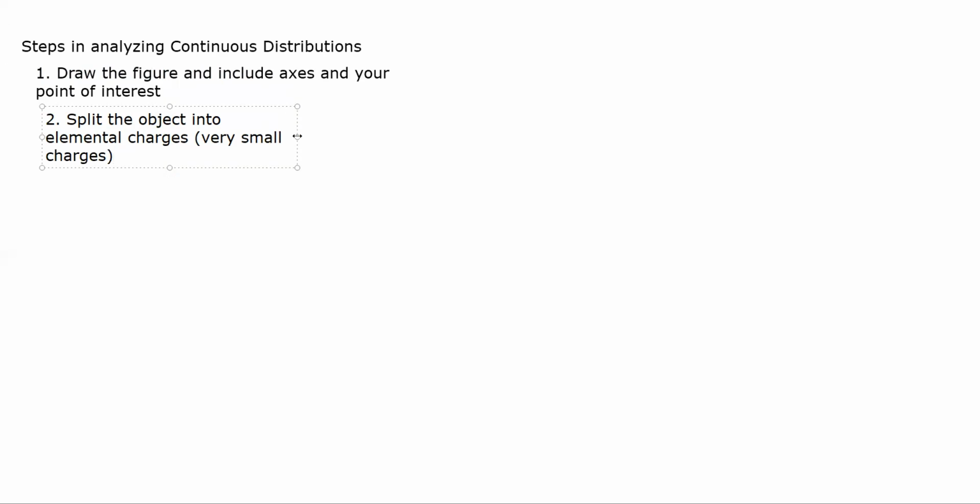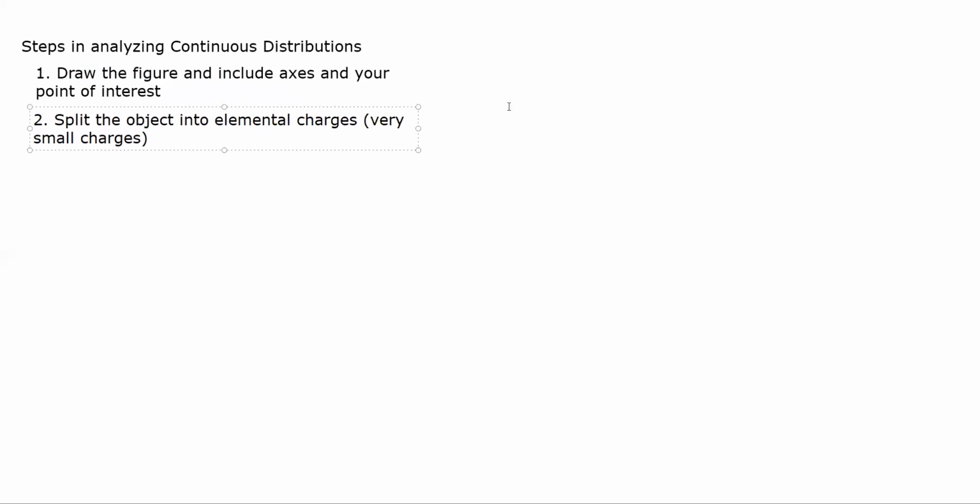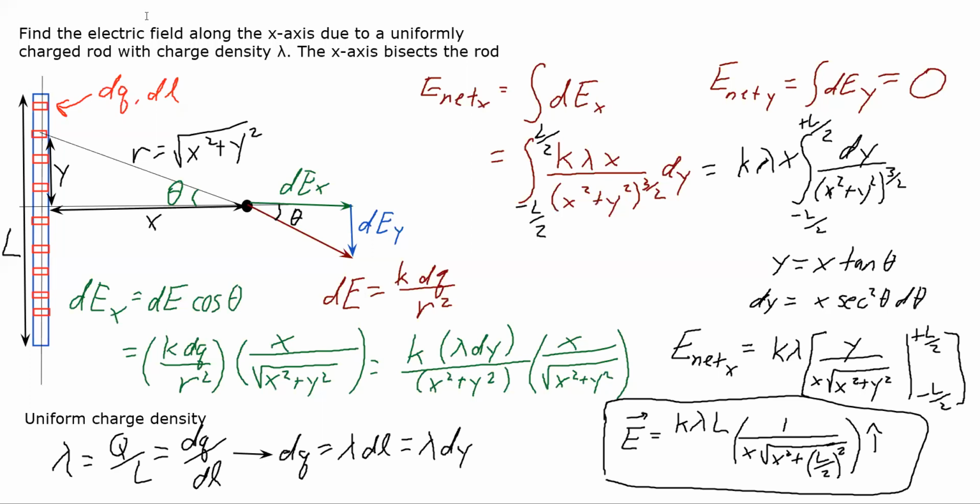Let me expand this. If we go back to the previous slide, these are my elemental charges. We couldn't do this without thinking of this rod as being made up of a whole bunch of small charges, these little charges taking up a little space here. So, split into elemental charges.